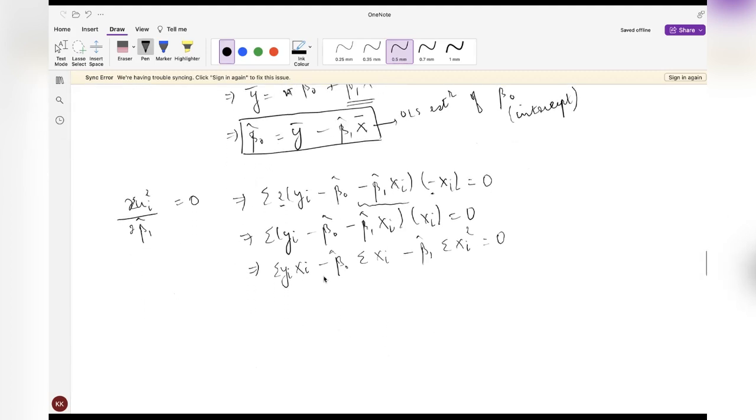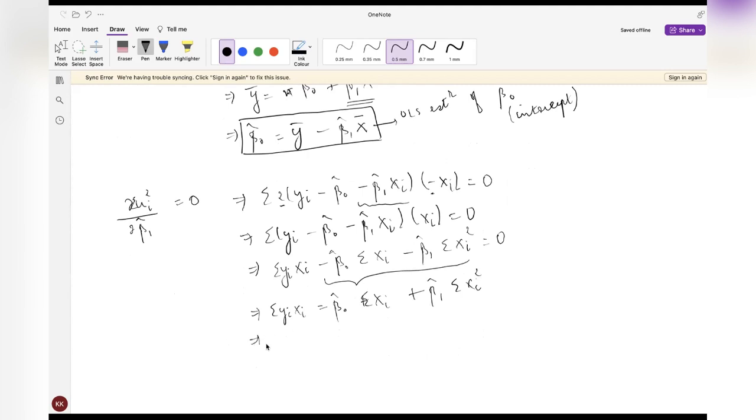Taking these two terms to the right hand side, we will be left with summation of yi xi is equal to beta naught hat into summation of xi plus beta 1 hat into summation of xi square.